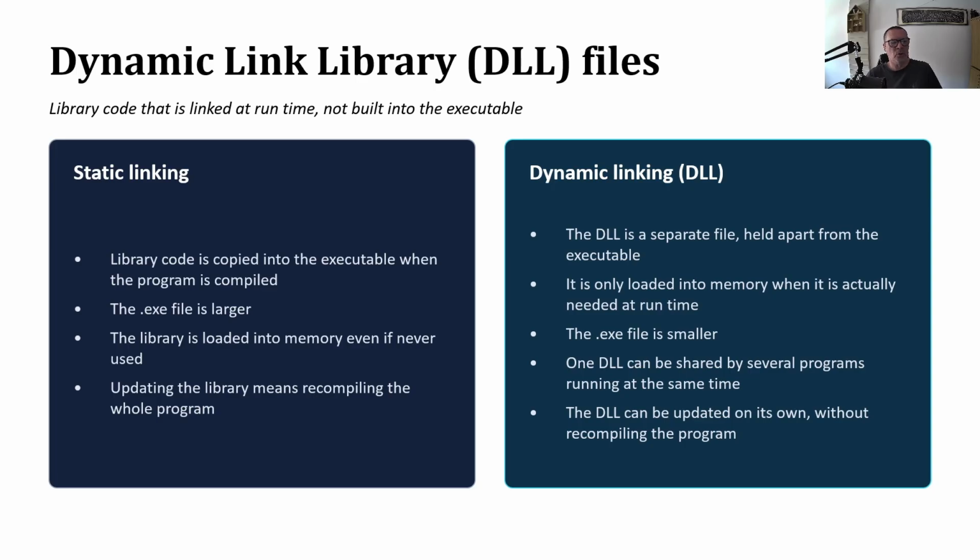It's your code plus all the library code that you've included. And that whole thing is loaded into memory, even if you don't actually use it. And updating the library means that you have to recompile your programs, because a change in the library code would not be reflected in your program execution if you didn't recompile it.